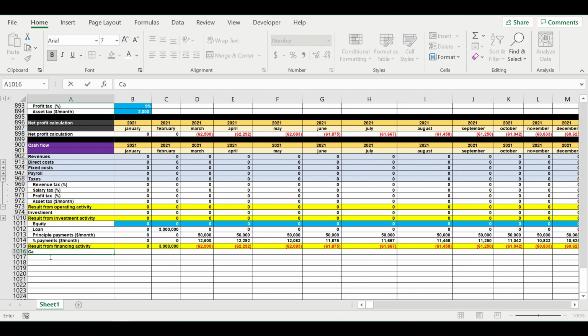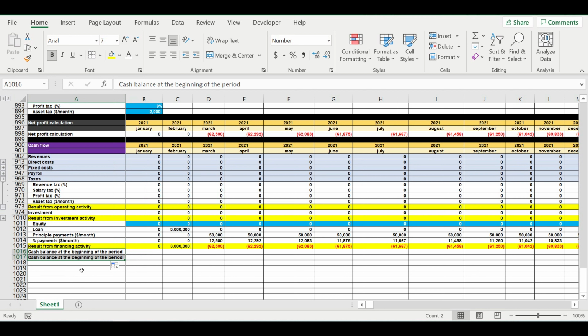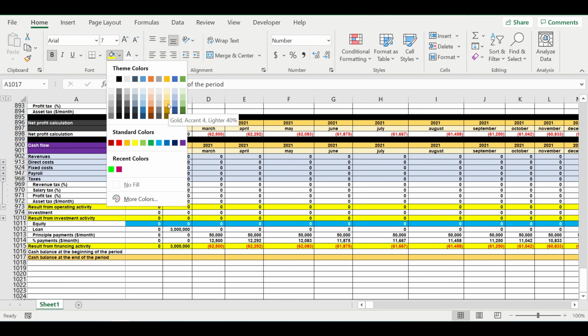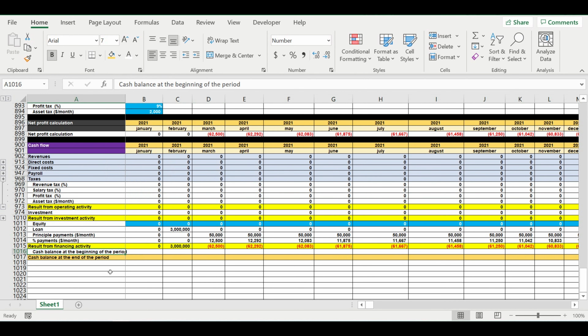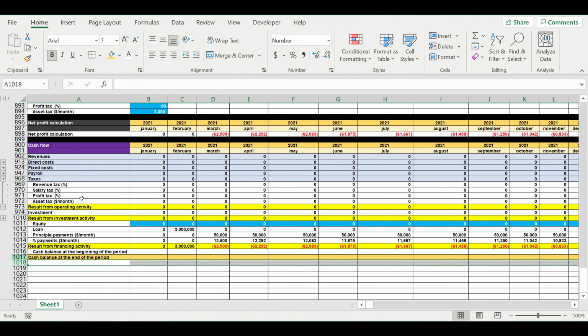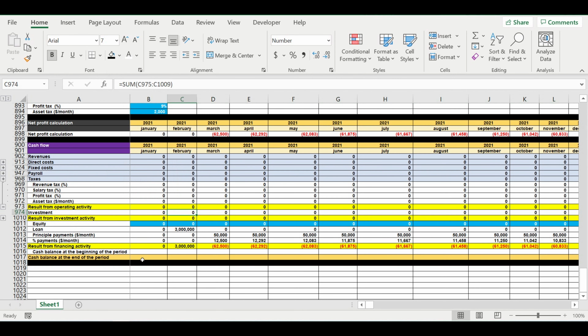Then we describe the cash balance at the beginning of the period, and then the cash balance at the end of the period. So this will be 0.